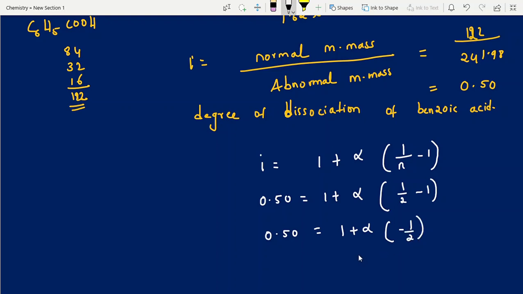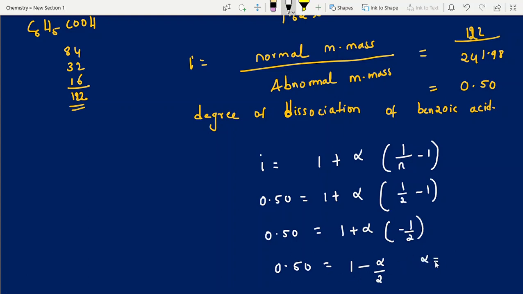Right? Now you can calculate: 0.50 equals 1 plus 1 minus alpha by 2. From this you can calculate alpha.